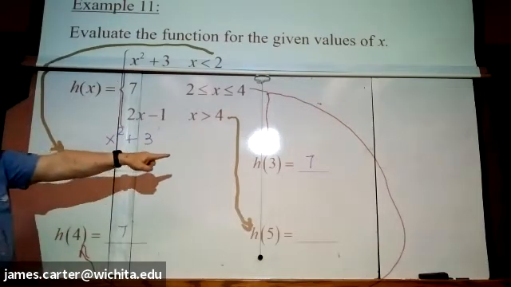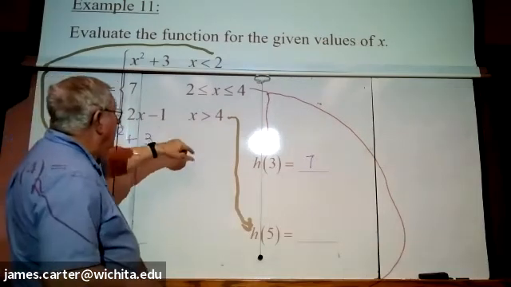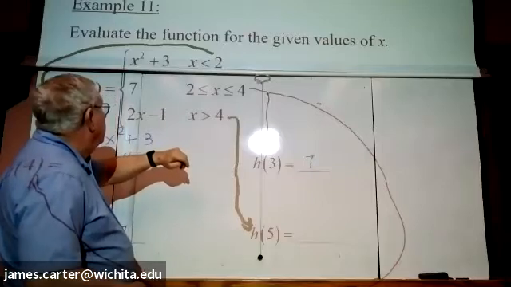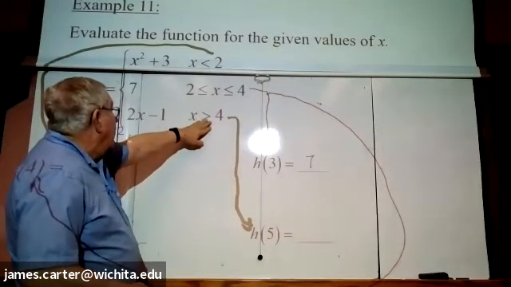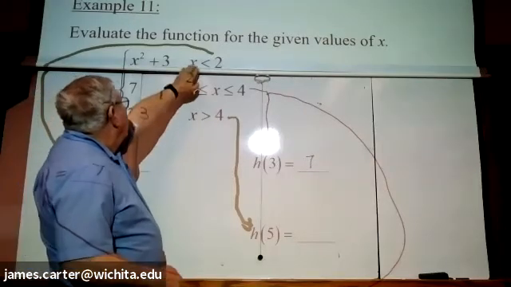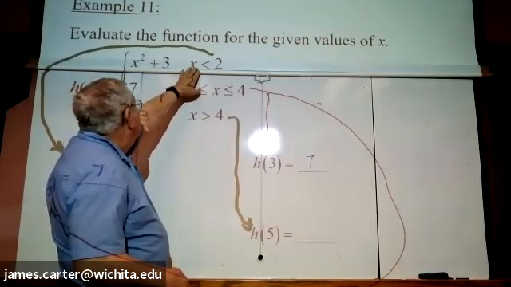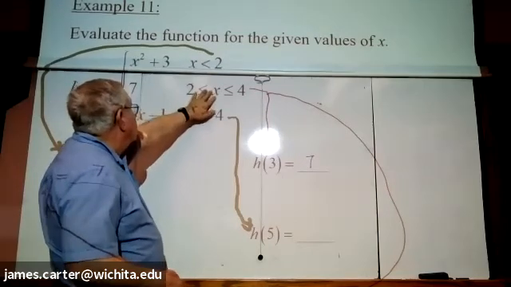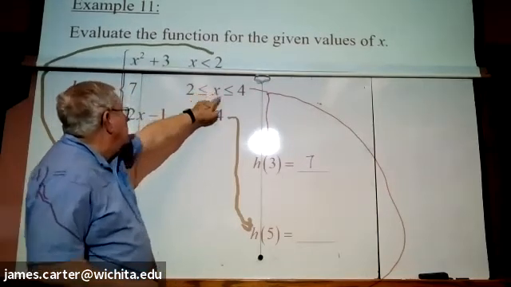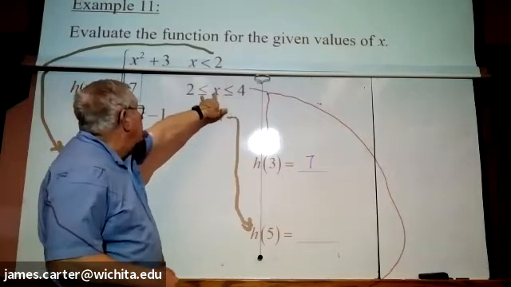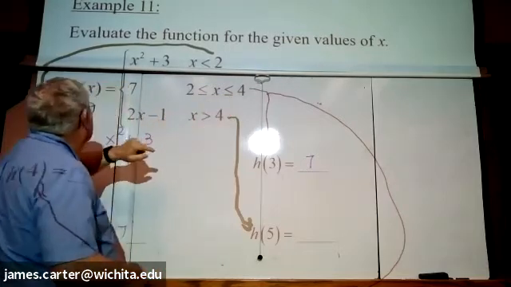Now, for the third one, over there, well, if x is 3, 3 won't work for this one, and 3 won't work for this one. So this is the only one that's a possibility because 3 is between 2 and 4.